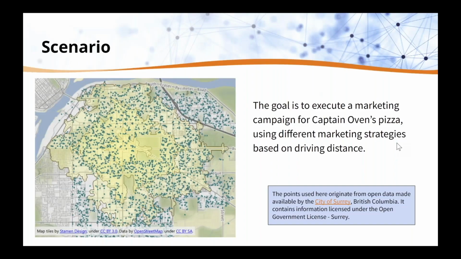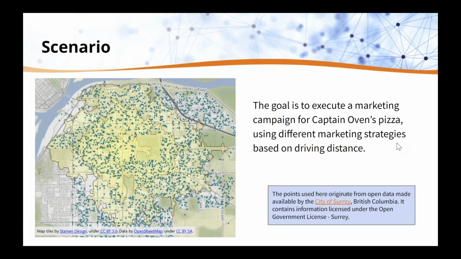So I have here addresses for previous customers to Captain Oven's Pizza, and we have decided to execute different marketing strategies based on the driving distance to each address. So I also have here 3 service area polygons. The smallest one is all of the addresses that are within a 3-minute drive to Captain Oven's Pizza.